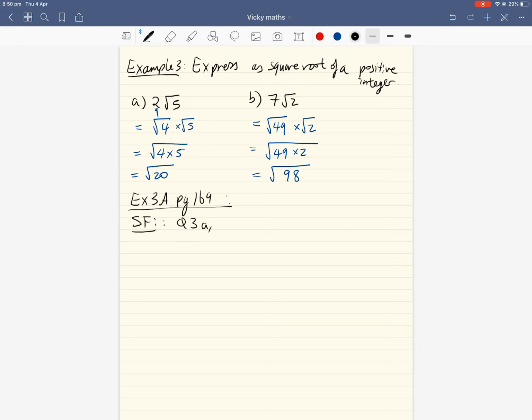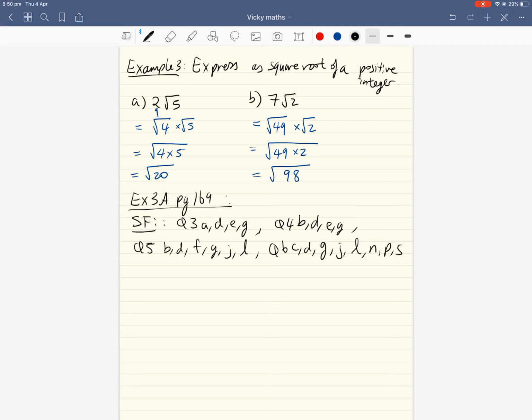We have question 3A, D, E, G. Question 4, B, D, E, G. Question 5, B, D, F, G, J, and L. Question 6, C, D, G, J, L, N, P, and S. Question 7, B, F, H, K, and L. Question 8, B, D, G, K.